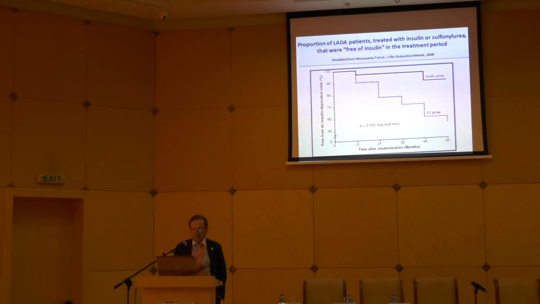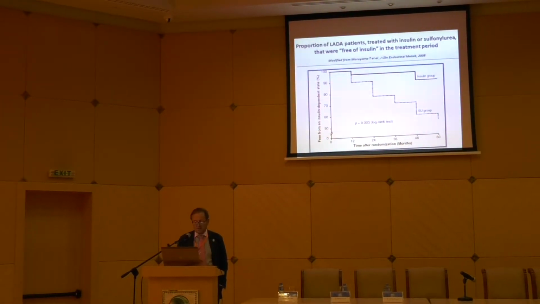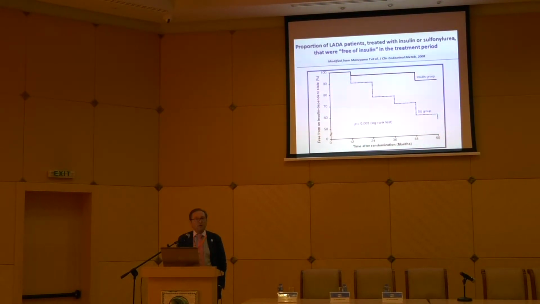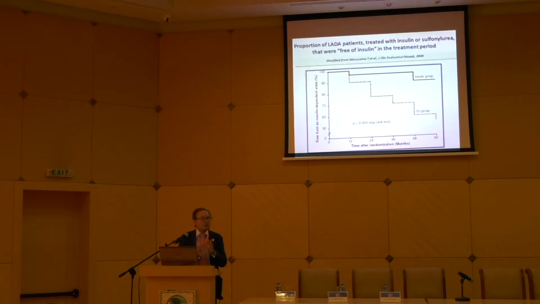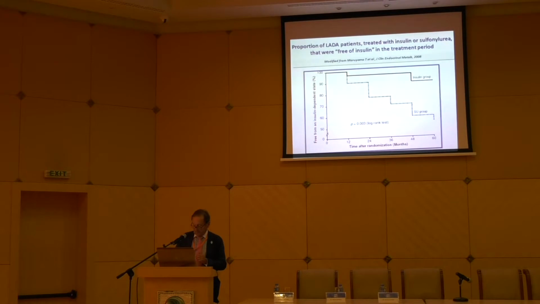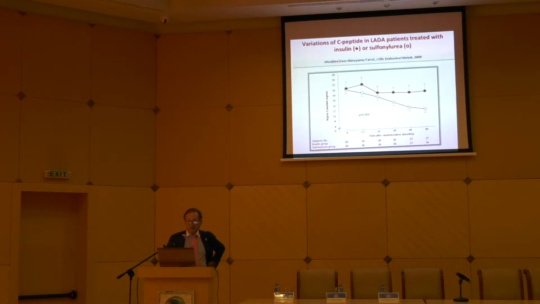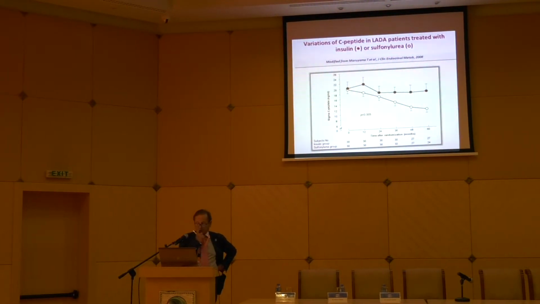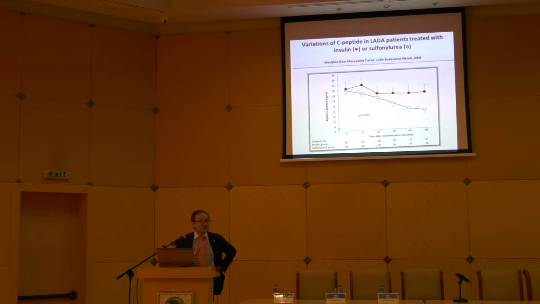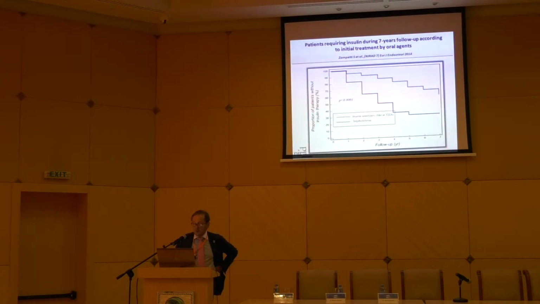As you can see here, these are the patients after 60 months of follow-up, free from insulin, the insulin group treated with a small amount of insulin, looking at C-peptide, and those treated with sulfonylurea, suggesting that sulfonylurea definitely should not be given to patients with GADA positivity. And this is the variation of C-peptide treated with insulin or sulfonylurea. As you can see, you tend to lose C-peptide. So forget about glibenclamide or other drugs that stimulate beta cell function.